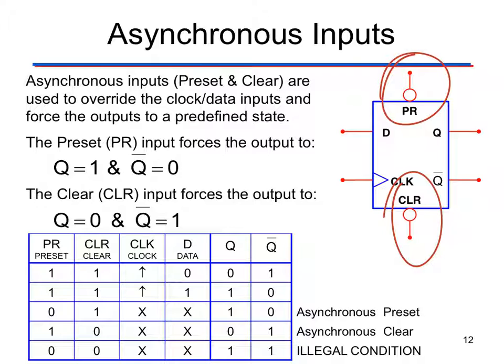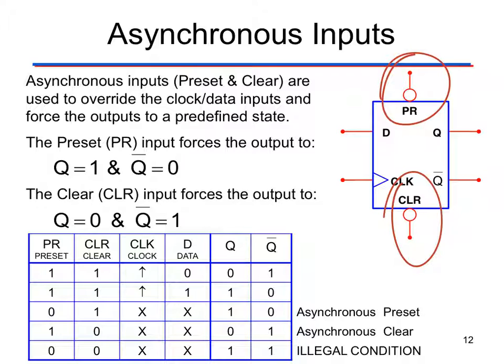The preset and the clear are what's called active low. What does that mean? Active low means that whenever they receive a low signal, they will spring into action. So what do I mean by spring into action?